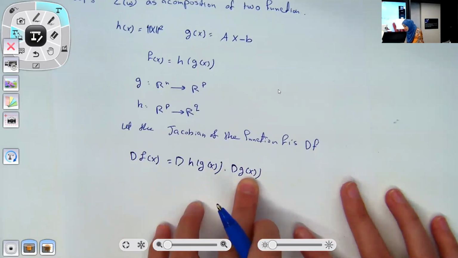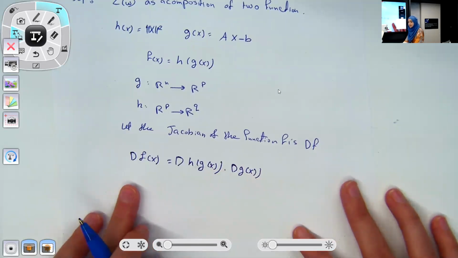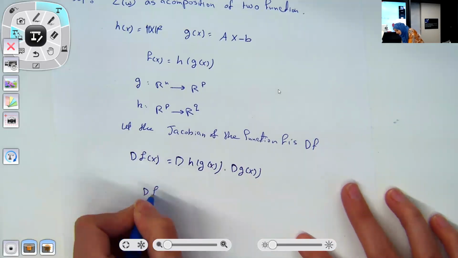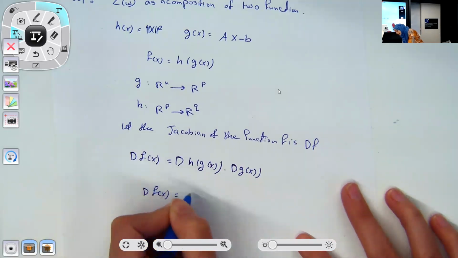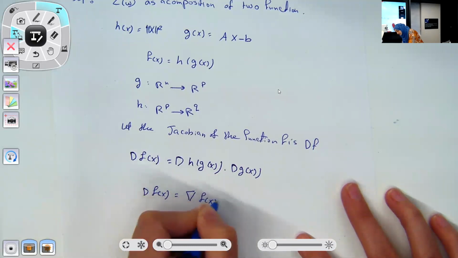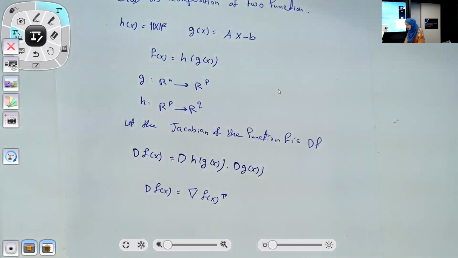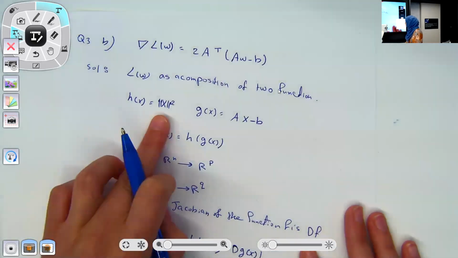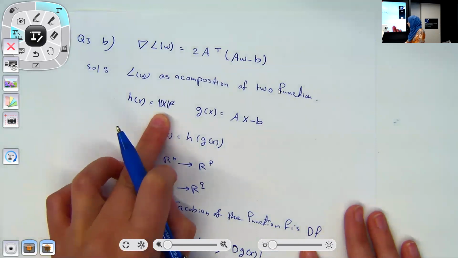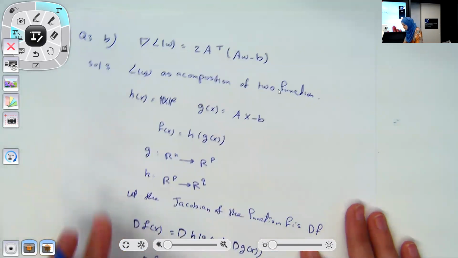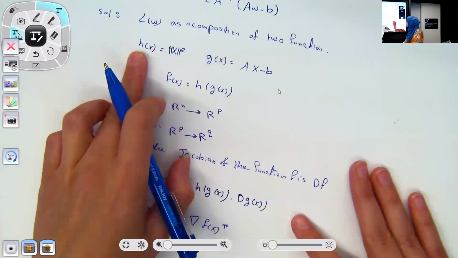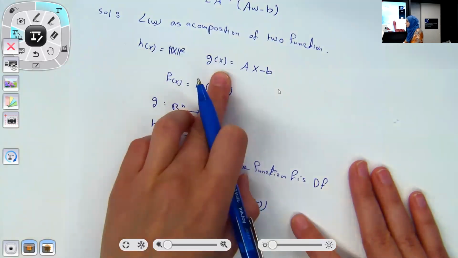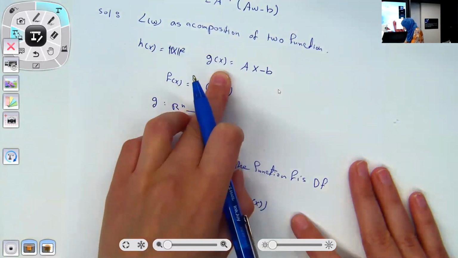And there is also a relation between the Jacobian and the gradient. In general, df of x equals the gradient of f of x transpose. Okay. And here, for the function h, we suppose that h of x equals the norm of x to the power 2. So we can find the derivative of this function, and we can find the derivative for this function.